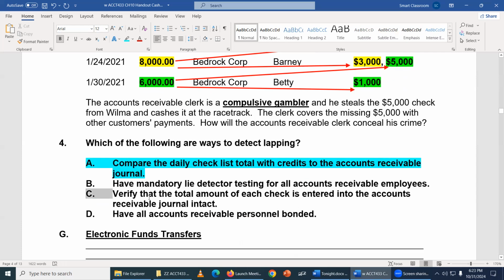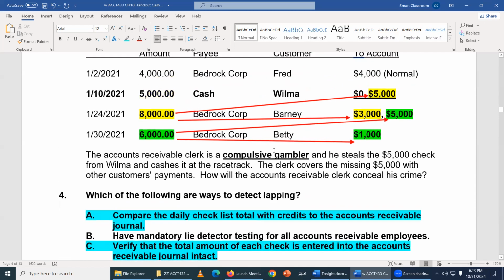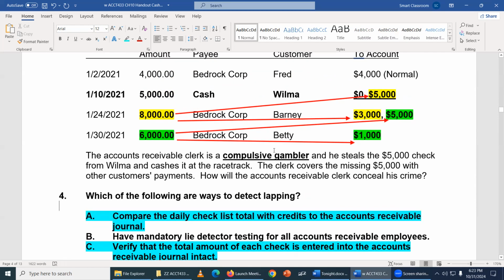C, yes, verify that the total amount of each check is entered in the accounts intact. This won't help with Wilma's check, but notice that for Barney's check, you should see an $8,000 credit somewhere. And you look and you don't see an $8,000 credit, you go, okay, well, this should be entered intact. Why isn't it?